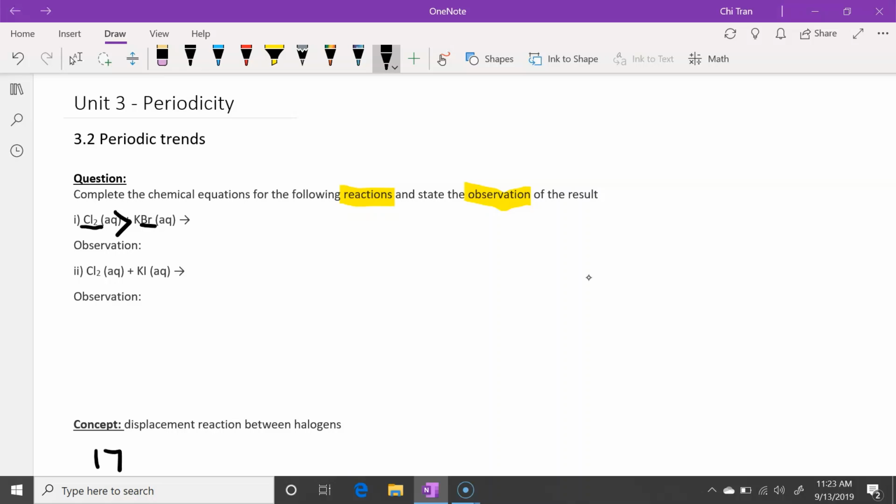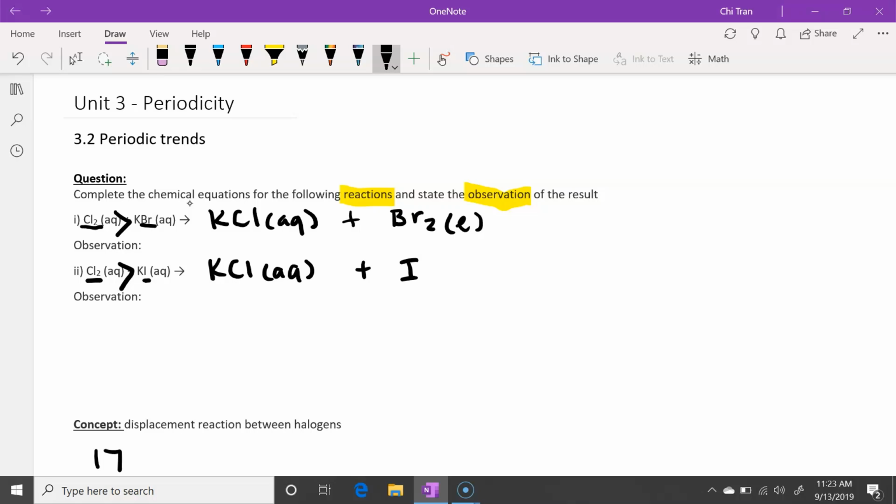So chlorine would displace bromine, and we would have the result of potassium chloride in aqueous form plus bromine by itself, so Br2, and it would be in liquid form because bromine is the only halogen that is in liquid form. And now second reaction, we're looking at chlorine and iodine, and again chlorine's more reactive, so we have potassium chloride in aqueous form and iodine in gaseous form.